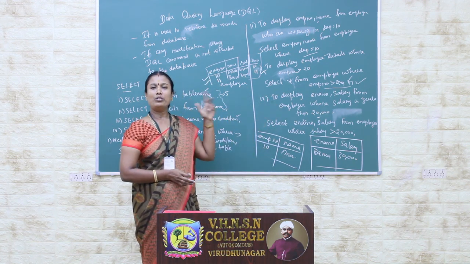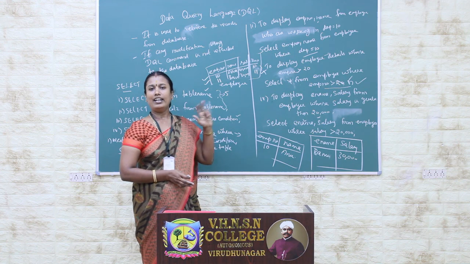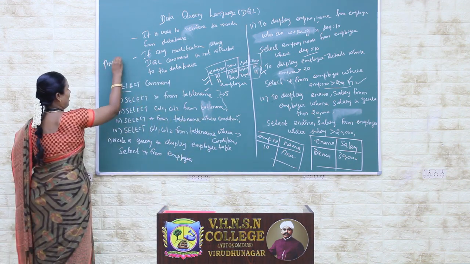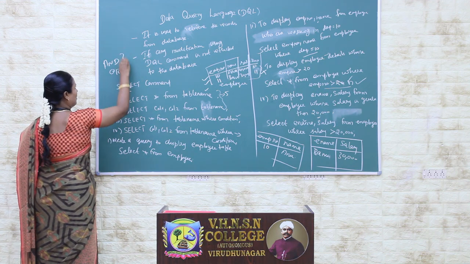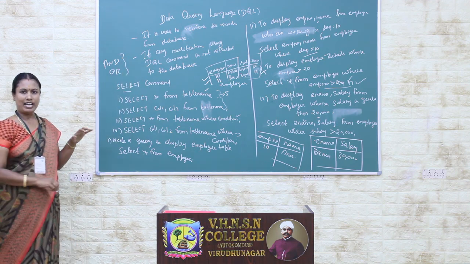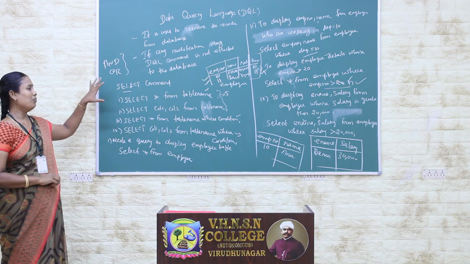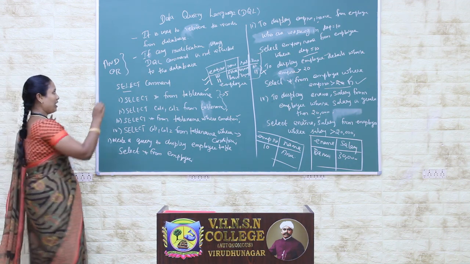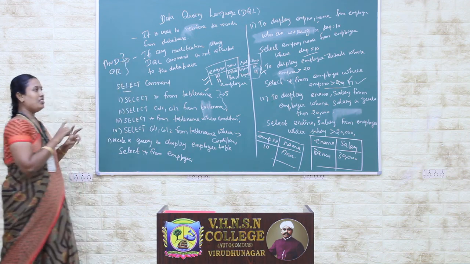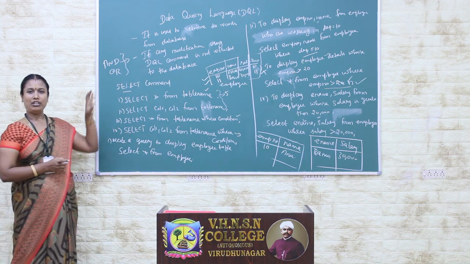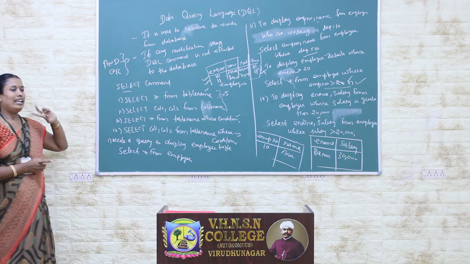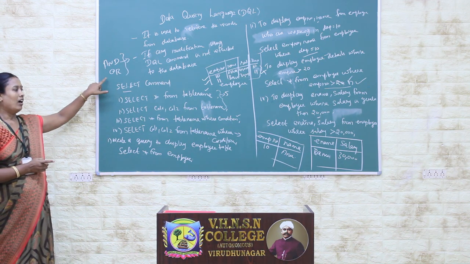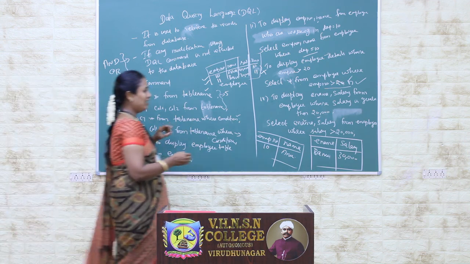Whenever you go for more than one condition, you go for the AND or OR operator. Whenever you use AND, both conditions must be satisfied. Whenever either one condition being satisfied gives you the result, that time you go for the OR command.